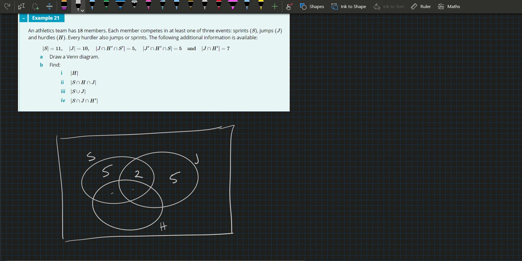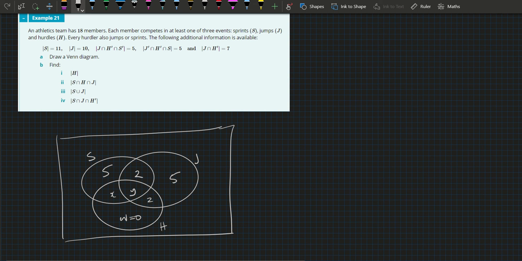Let me just have a go at trying to use some algebra. I'm going to call this X and Y, Z, and whatever this is here, call it W. I know that that's going to be equal to 0. All right, so it doesn't tell me anything about how many people actually hurdle.